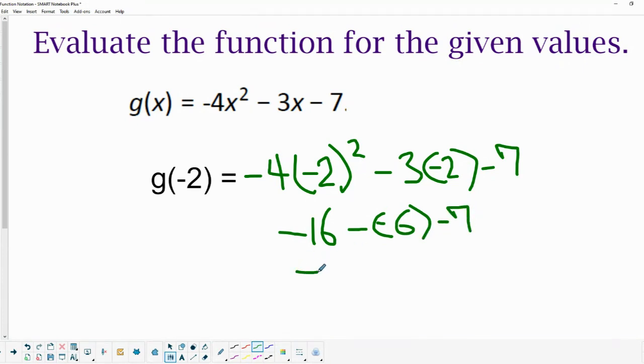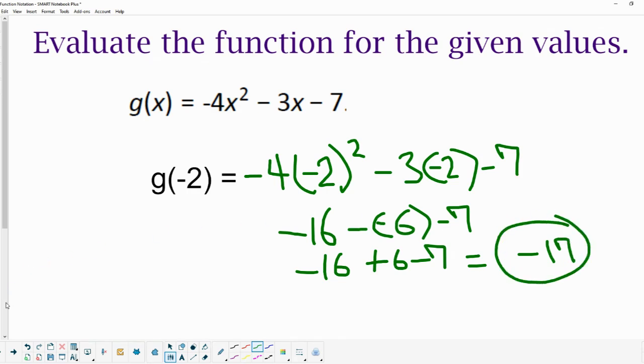Or, to simplify it a little bit further, -16 plus 6 minus 7. -16 plus 6 is -10. -10 minus 7 is -17. All right, not looking too bad.